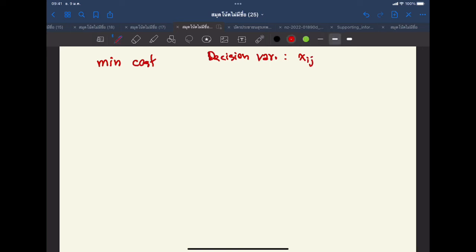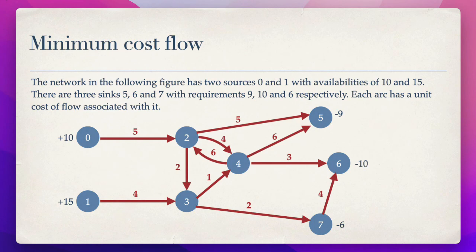So what we have: x02, right? You look at the network, you see that from node 0 we only have x02, right?